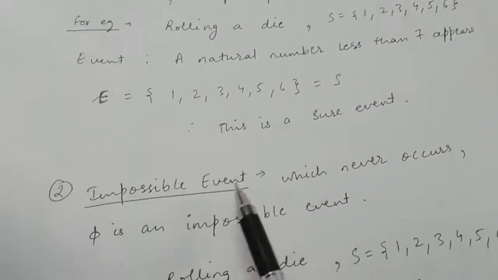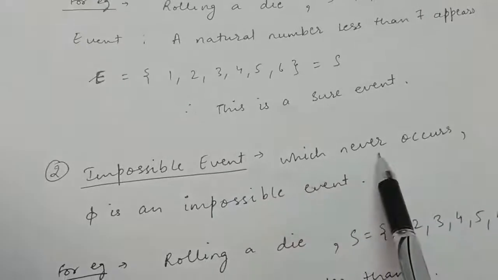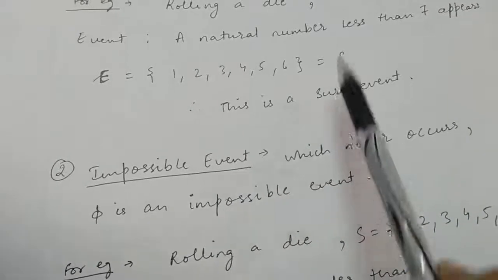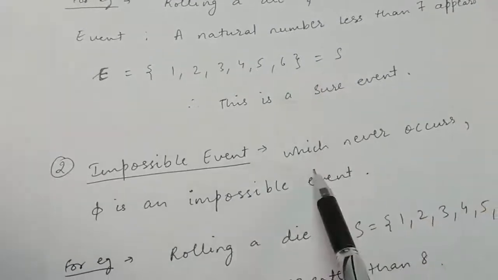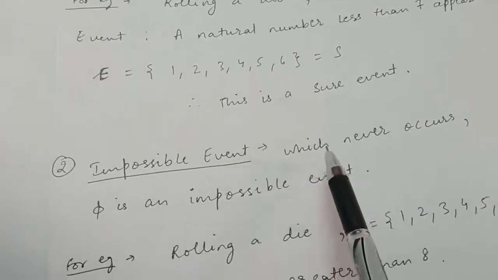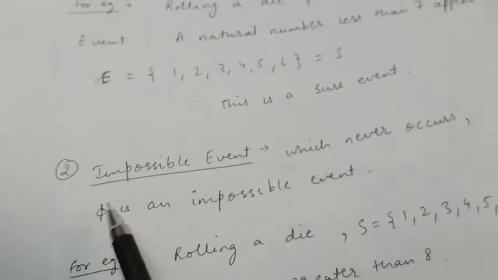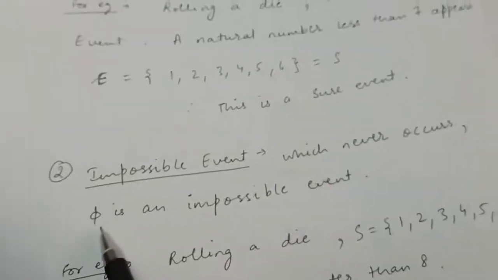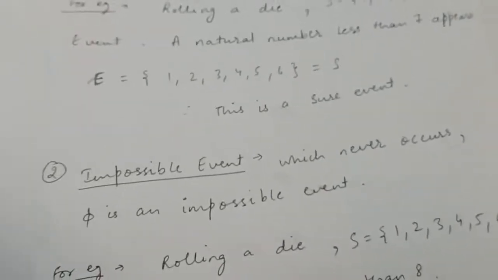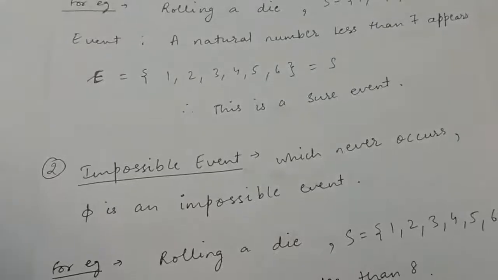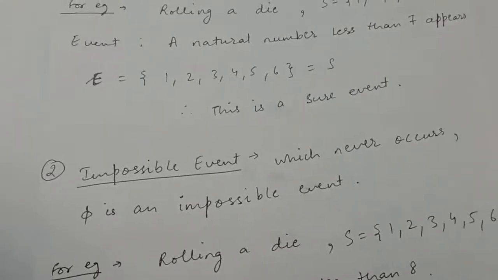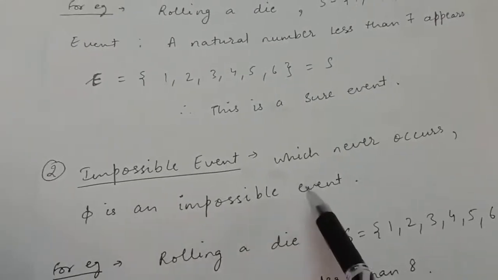Now the impossible event, which never occurs. Like sure events which always occur, impossible events are those which never occur. Phi is a subset of S, because phi is a subset of every set.